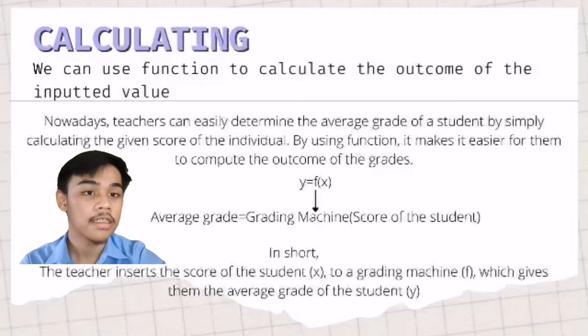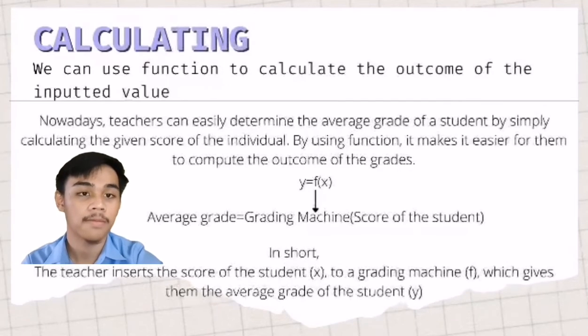In short, the teacher inserts the score of the student, which is represented by the variable x, to a grading machine, which is represented by the variable f or the function, which gives them the average grade of the student, which is represented by the variable y.